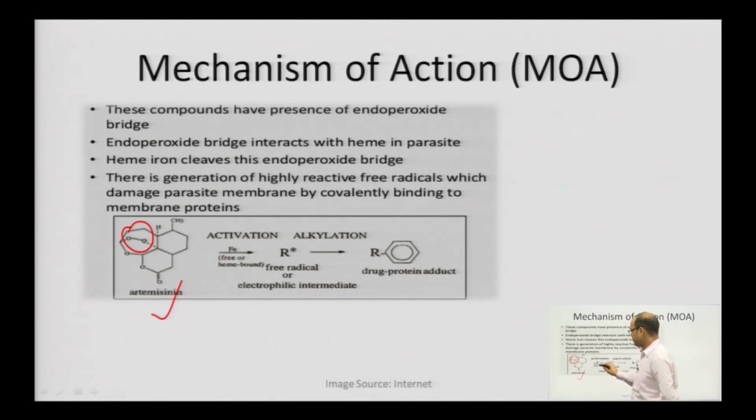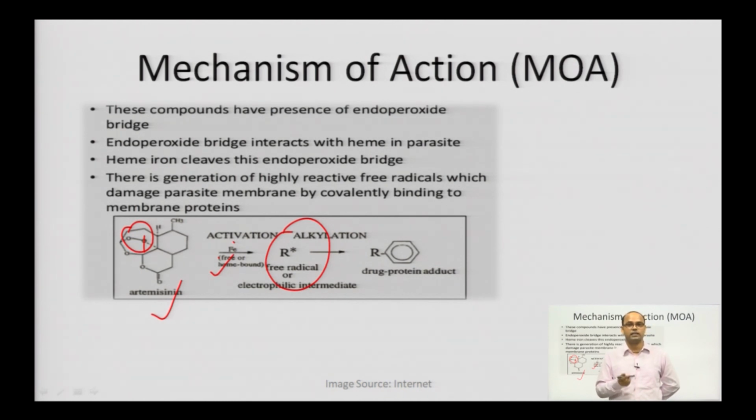The heme iron causes the breakage of this endoperoxide bridge, and the chemical gets converted into a free radical. This free radical is highly reactive and binds to the membrane protein of our parasite, and it blocks the functioning or division of the parasite. In this way our phytoconstituent artemisinin acts in the body.